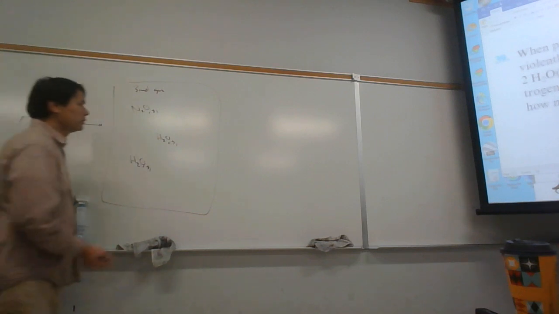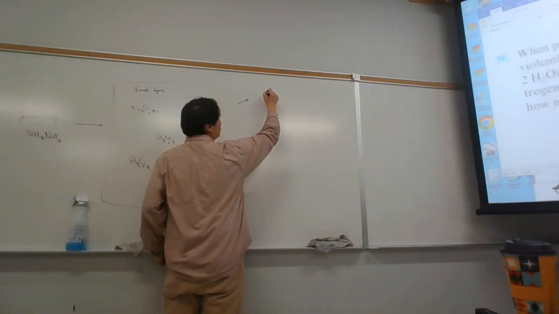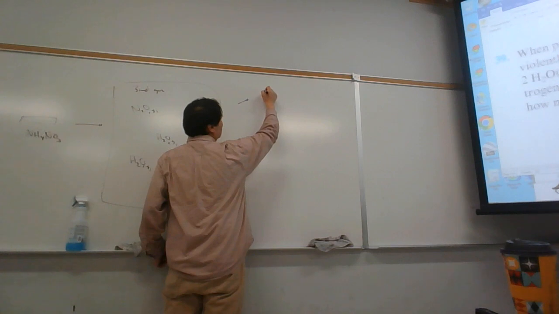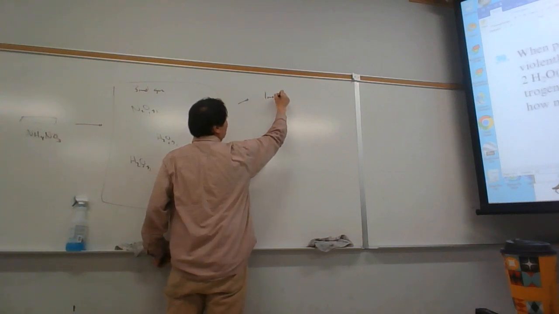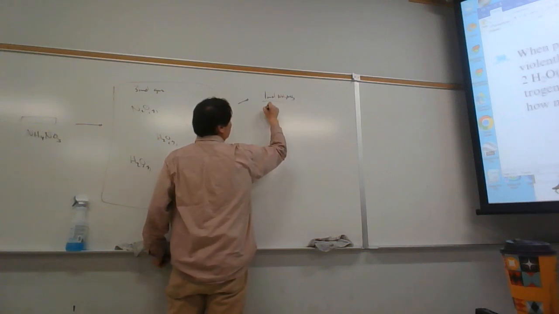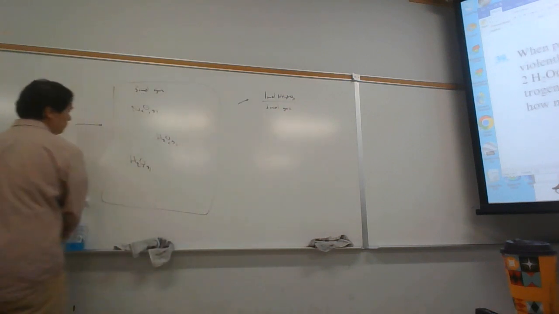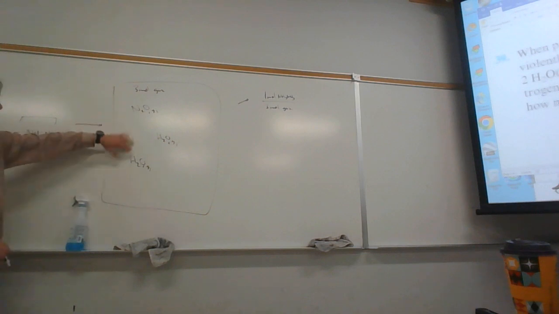And so your book is going to use this as a mole ratio. One way we can do this is that 1 mole of ammonium nitrate produces a total of 3 moles of gas. It doesn't matter what the gas is.